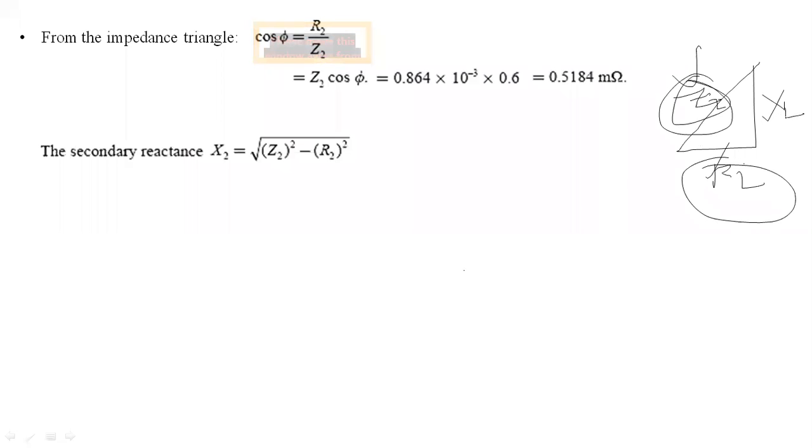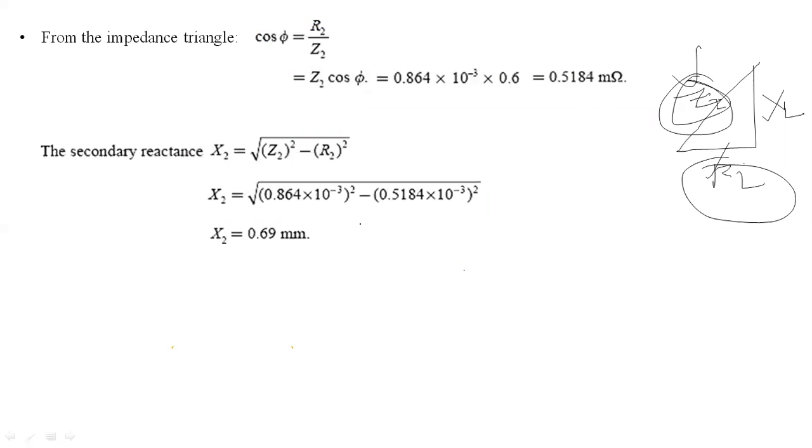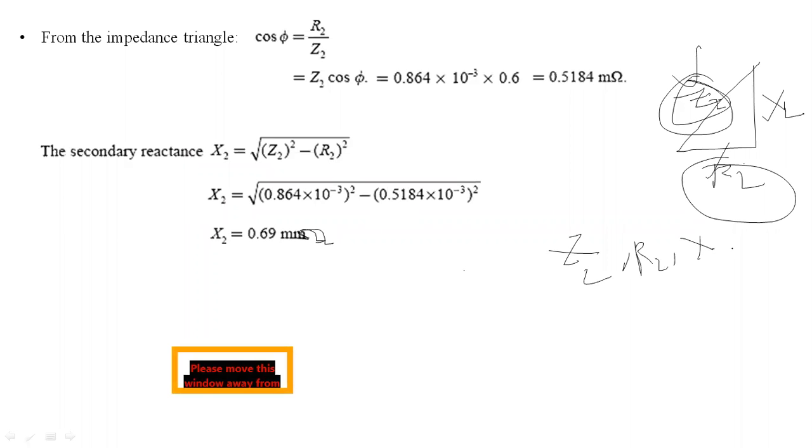The value is 0.6912 milliohms. Let us check this value. This is a typing mistake, it is milliohms. So now we have the values Z2, R2 and X2.